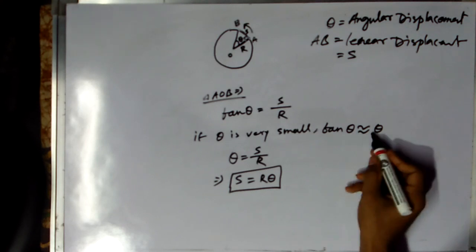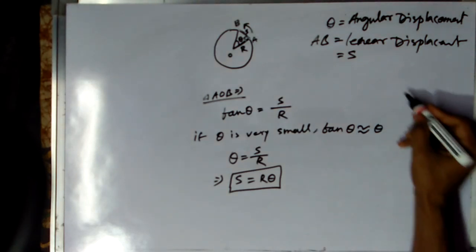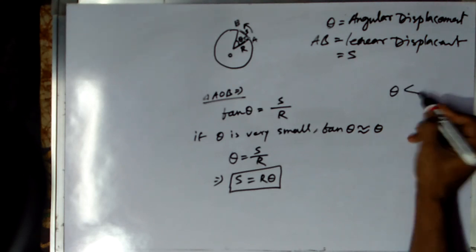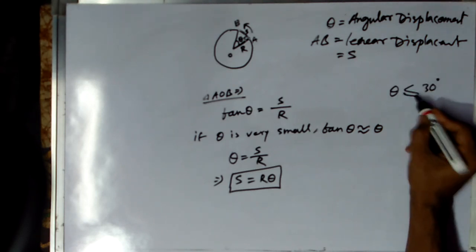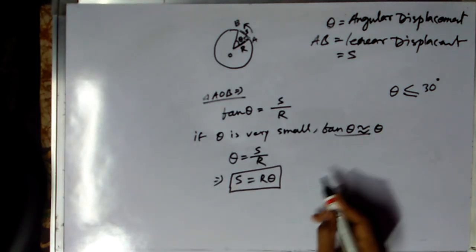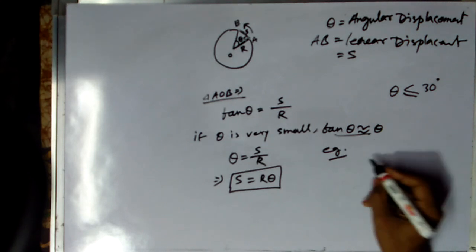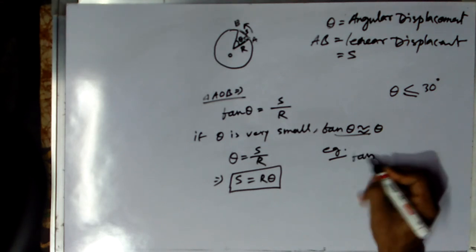So why is tan theta equal to theta? Tan theta is equal to theta if the value of theta is less than or equal to 30 degrees; then also this is true. Why? Suppose, for example, let's consider tan 30.